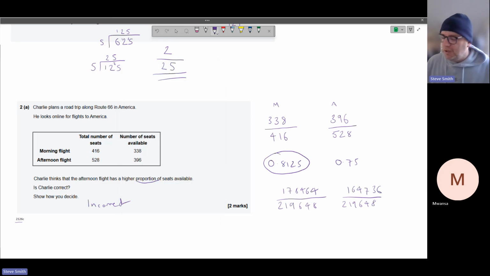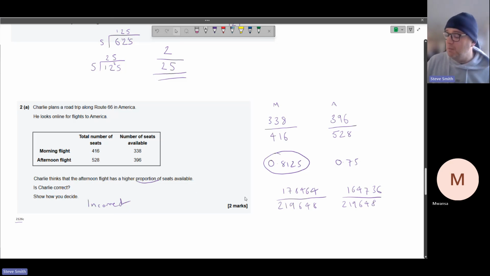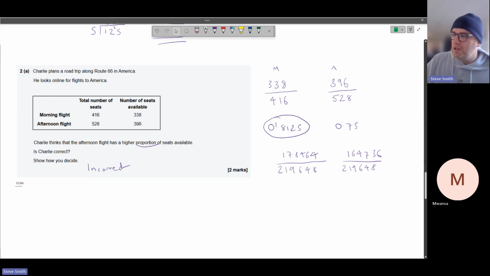So we've now done it a different way around, and we can clearly see that this fraction is larger by some crazy amount, by 14,000. But we did it straight away by dividing top by bottom and got 2 decimals.